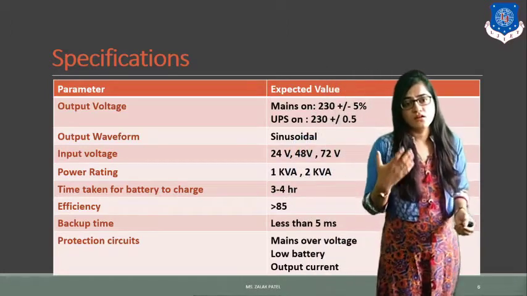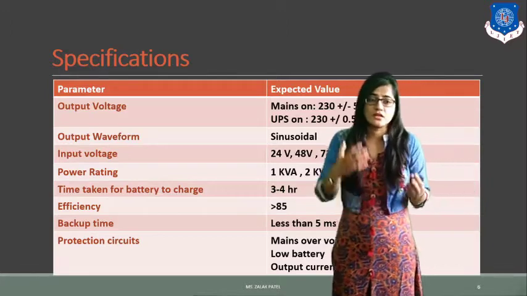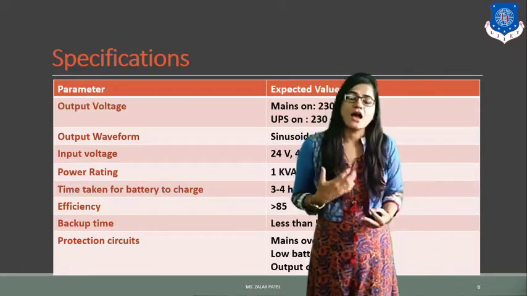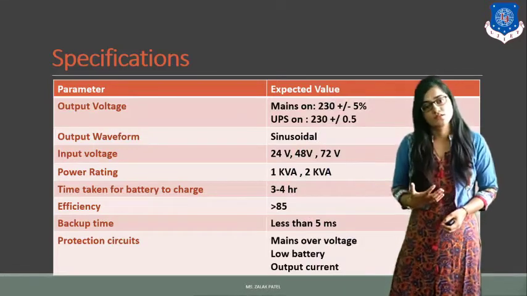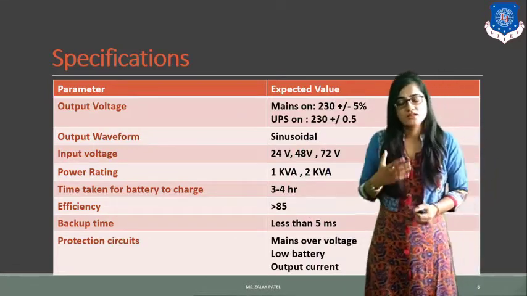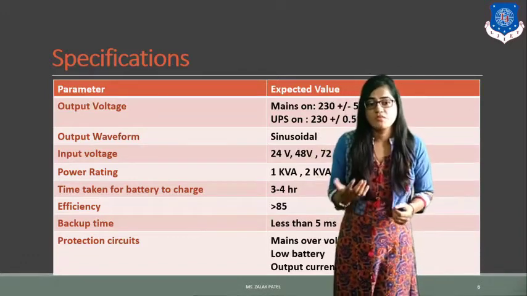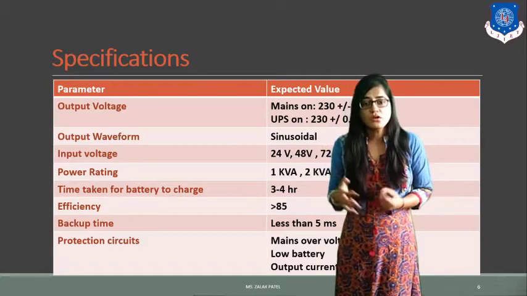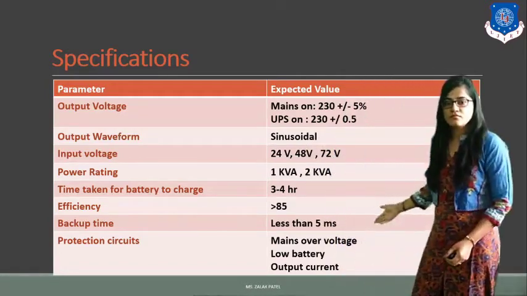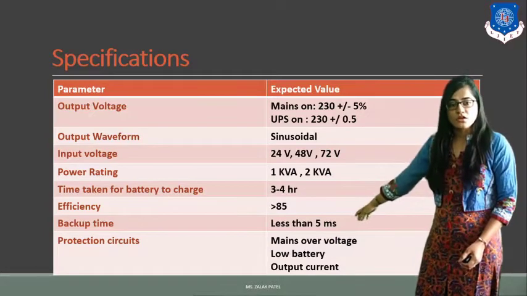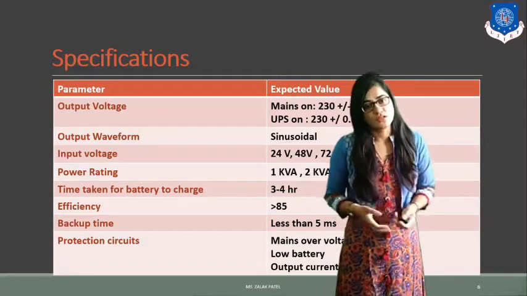If a high load is connected, meaning a critical load condition with a high amount of inductive or resistive load, then there is a possibility of a short circuit, and it can be used as a protection circuit also. The protection circuits required are for main over voltage, for low battery, and for output current.